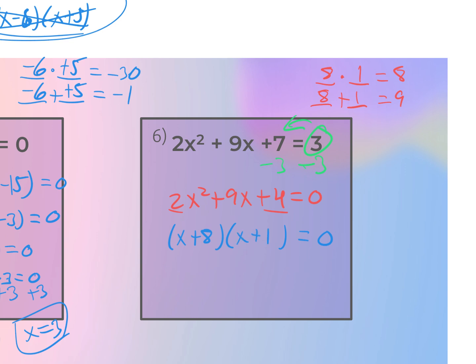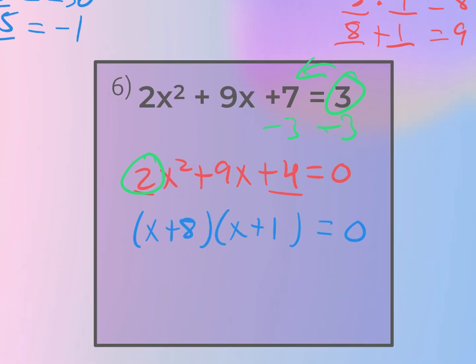But if you like this way, then what you have to do to make it correct is to divide by our first term. Our first term is 2. So let's divide each of these by 2. Let me use a different color. So divide this side by 2 and divide this side by 2.